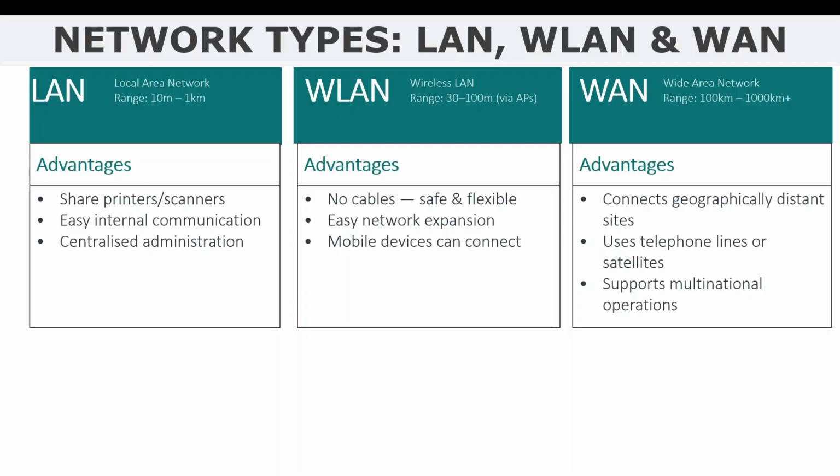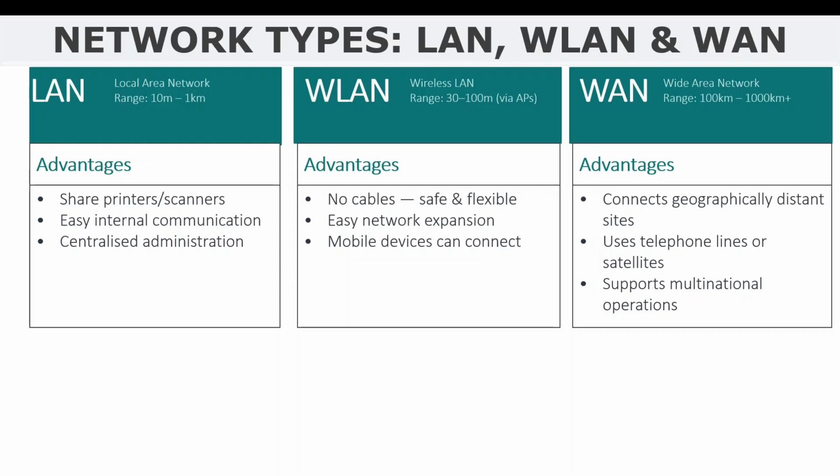Now, in terms of advantages, with the local area network, you share resources, it is easy for communication, and then there's a central administrator that takes care of everything. With the WLAN, which is a wireless LAN, you don't need any cable, so it makes it safe for people to move around, unlike the LAN where you can have some cables around that can trap people to fall.